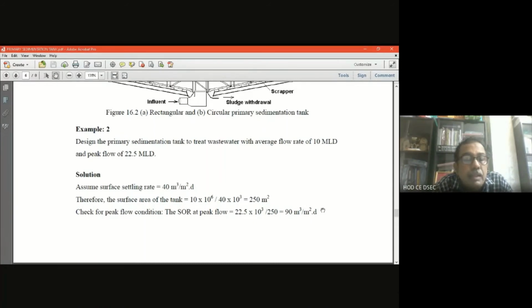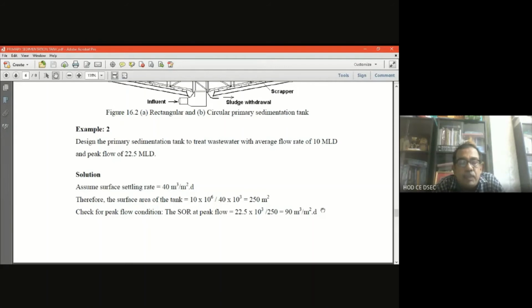Again, a very important parameter I have already discussed is the settling rate, overflow rate, or surface loading rate. All these terminologies are synonymous in the case of the sedimentation tank. What typical value are we considering for the rectangular tank? 40 meter cube per meter square per day, and this parameter is very important in the design.